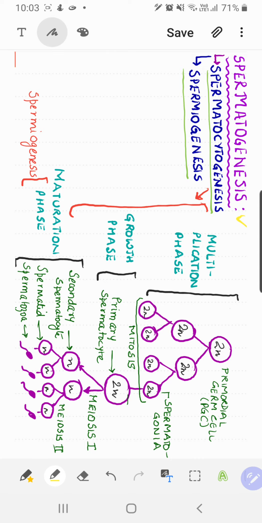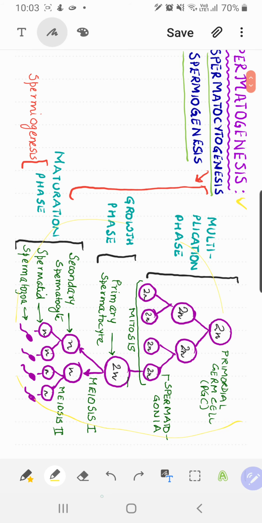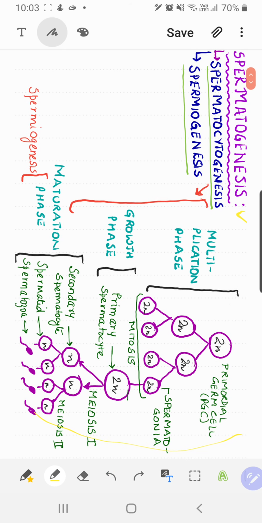First of all, before learning this whole flow chart, what you have to see is that male spermatogenesis is actually divided into two sub processes. The first one here is spermatocytogenesis. So this will be the stage of spermatocyte where spermatocytes are formed.